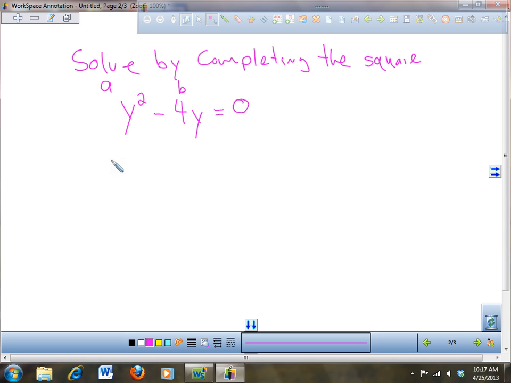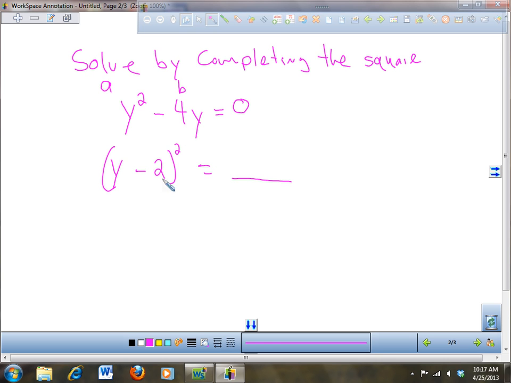Okay? So the way I want to rewrite this is y minus half of whatever the coefficient of the y term is. So you're going to split this in half, and you're going to call that y minus 2 squared.